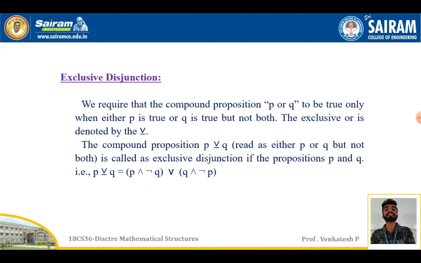Next one is exclusive disjunction. We require that the compound proposition P or Q be true only when either P is true or Q is true but not both. The exclusive OR is denoted by a symbol like this, and it can be defined as the compound proposition P or Q, which can be read as either P or Q but not both, and will be called an exclusive disjunction.